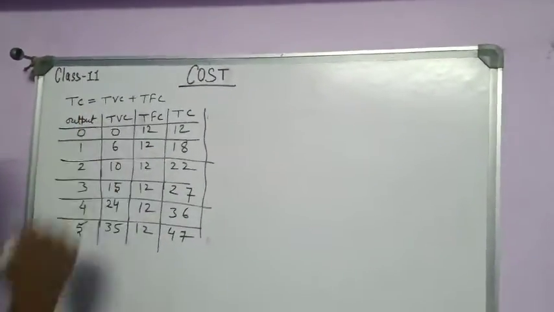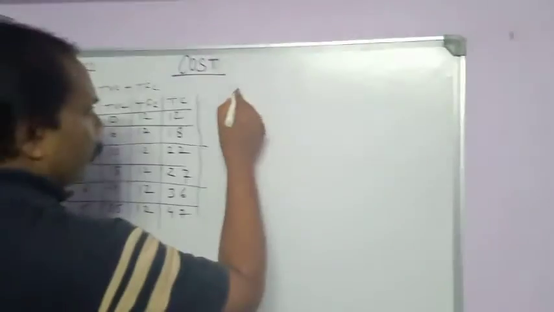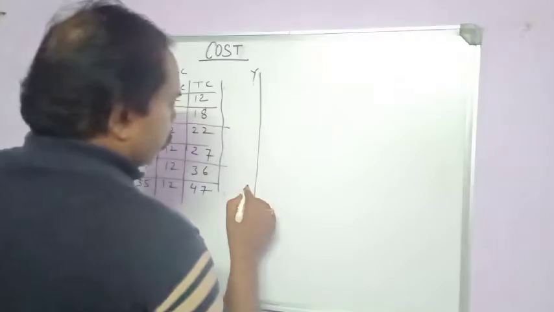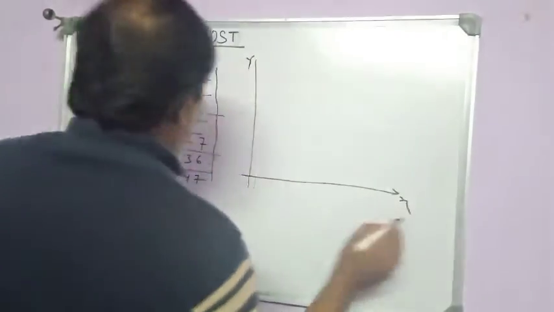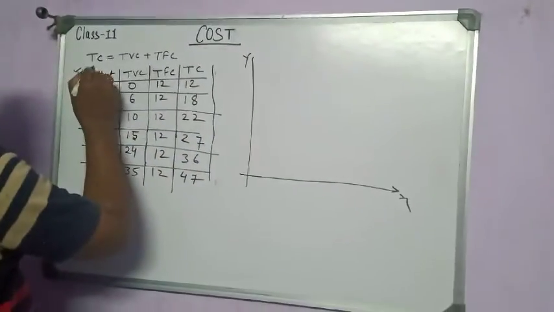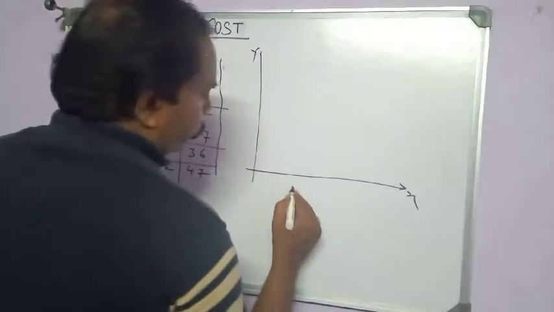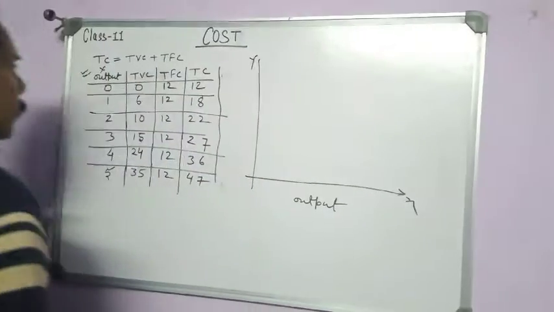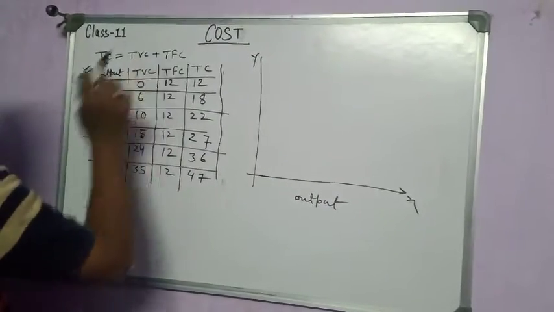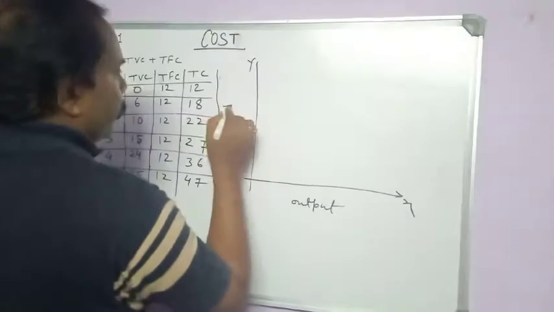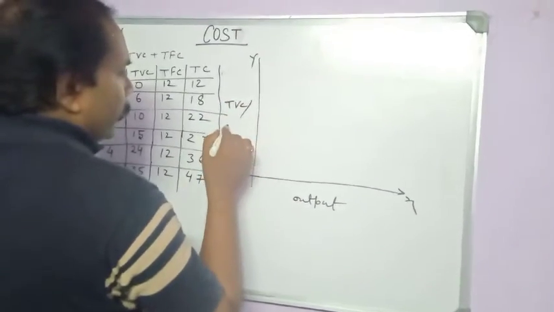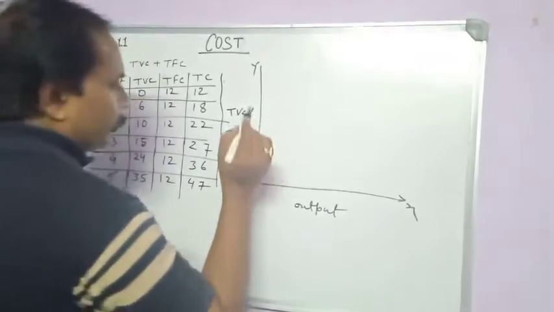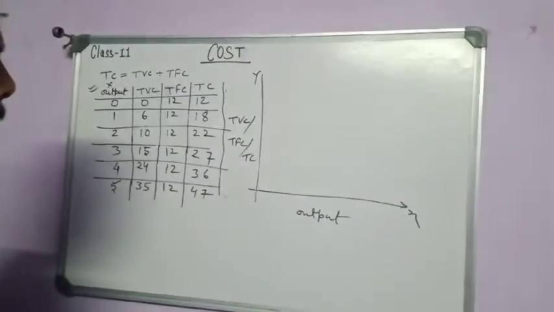So as we know, the shape of the TVC is inverse S. So suppose that is the y-axis, and this is our x-axis. On the x-axis we will take what? Output. Clear? On the y-axis we will take TVC, next TFC, next TC, all. Clear?